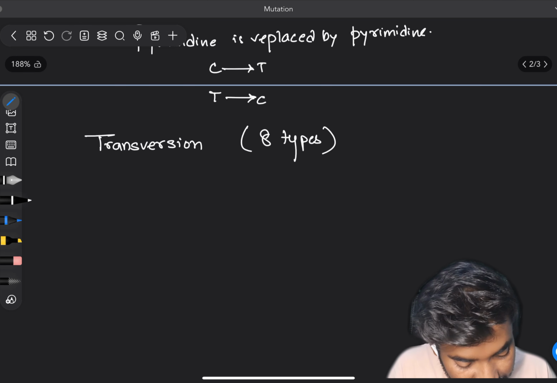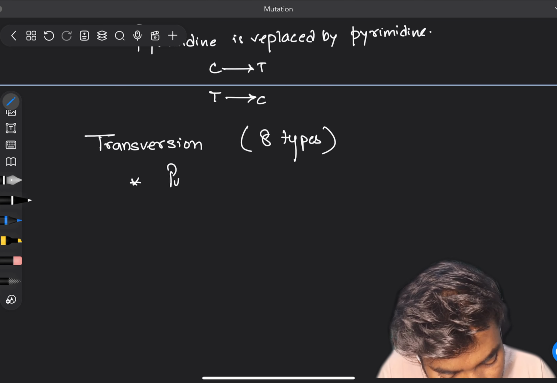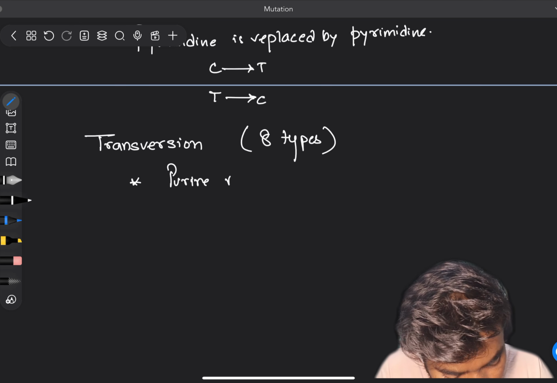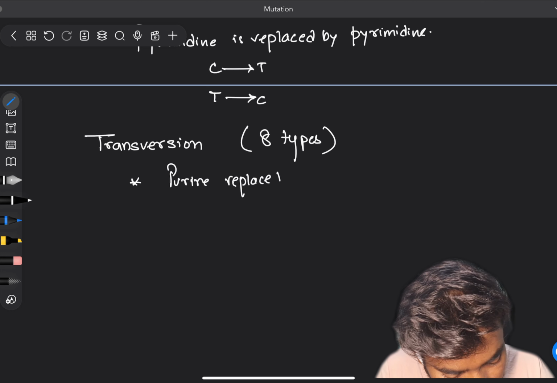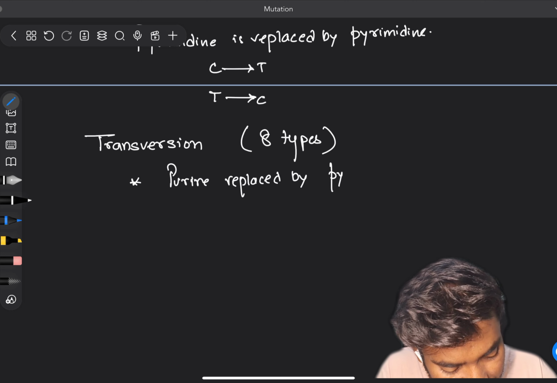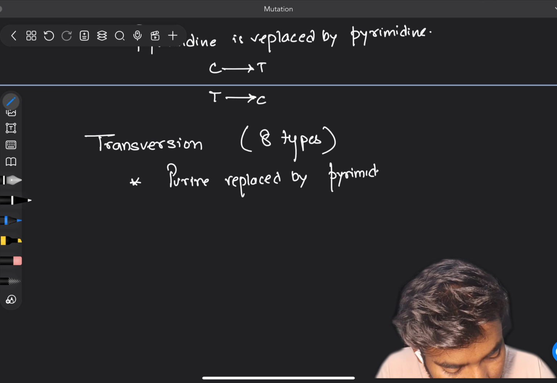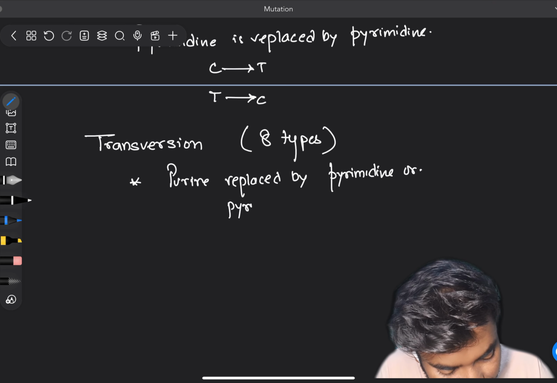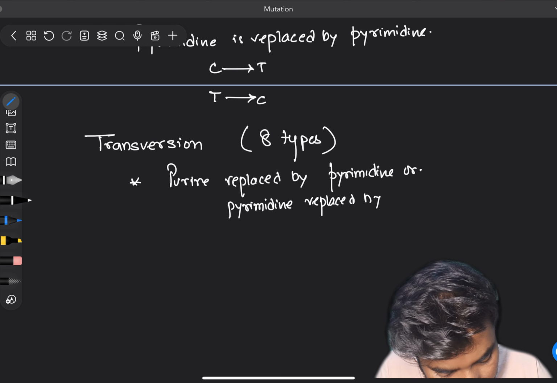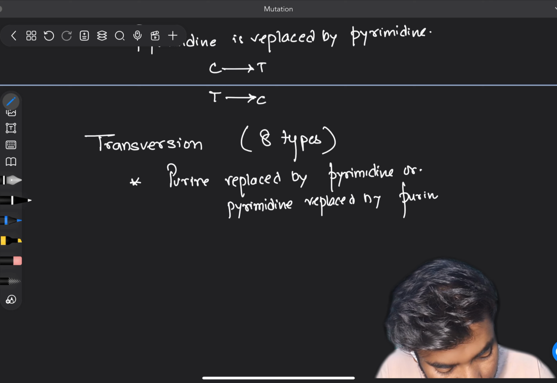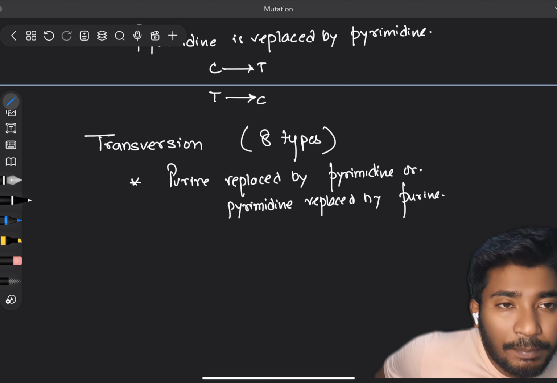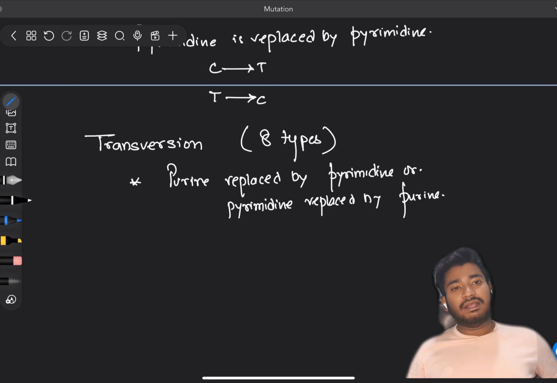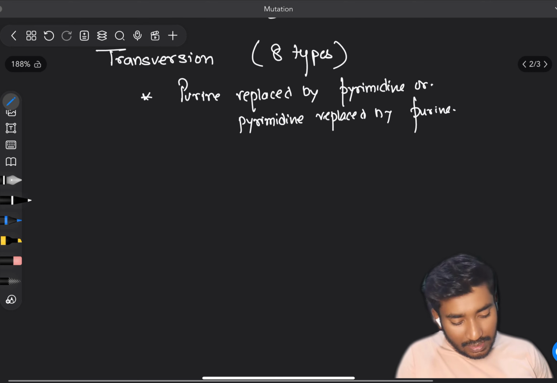Now in transversion, a purine base is replaced by a pyrimidine, or a pyrimidine is replaced by a purine.